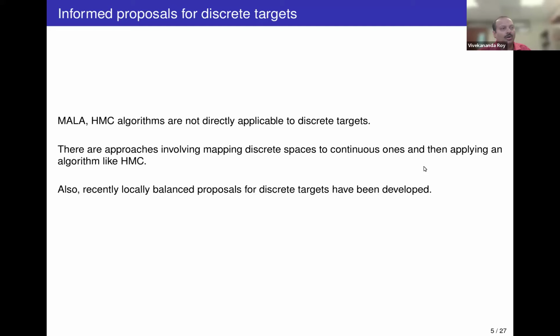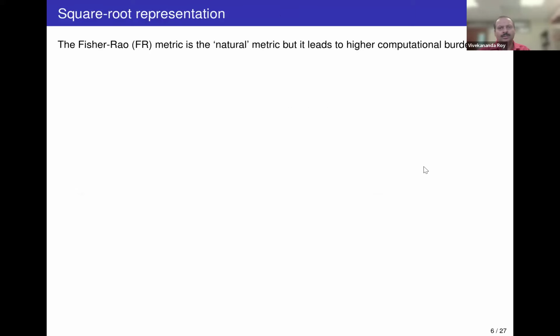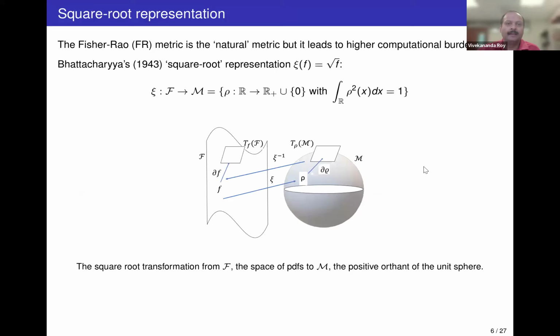So the goal of my talk here is to develop a manifold MCMC algorithm which will be universally applicable to both discrete and continuous space, as well as computationally efficient. So as I said, the Fisher-Rao metric is a natural metric, and it has very nice properties. It has been used in other contexts, but in MCMC, using it leads to high computational burden.